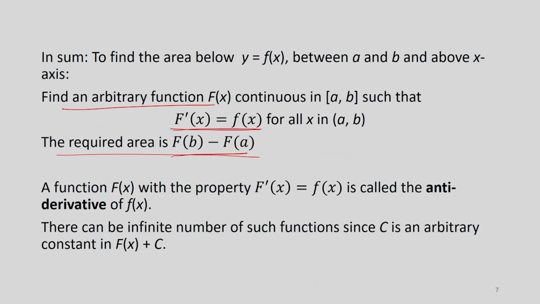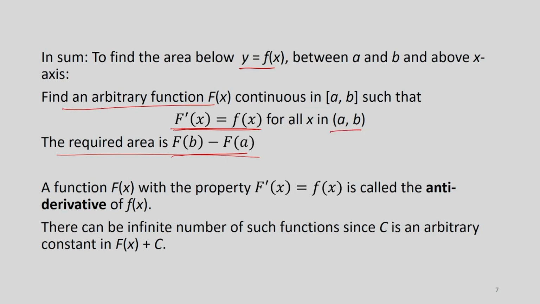So, this is the algorithm. This is the important thing that we have to remember, that if you want to find out the area below a particular function which is given to us, continuous function y is equal to f(x), between a and b which are given to us, small a's value is given, small b's value is given, then firstly we find another function capital F(x) such that capital F dash of x is equal to small f of x for all x in this interval.